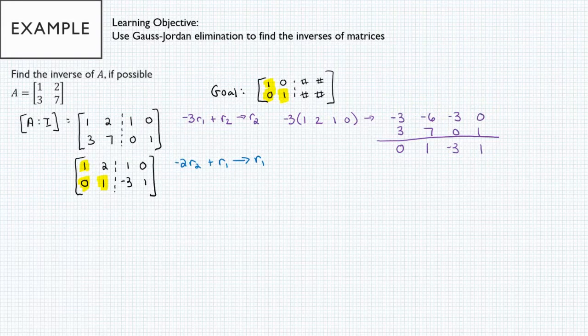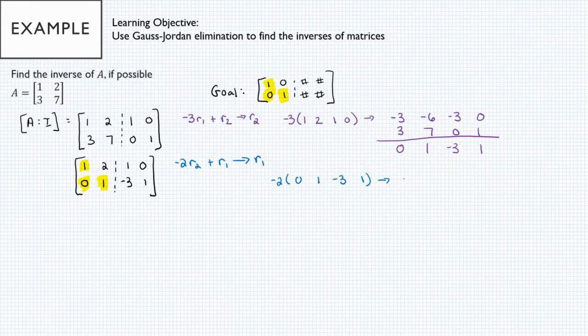So that's going to allow me to do that. So -2, and my second row has these values. This is why I'm writing them in different colors, so it doesn't get too confusing.